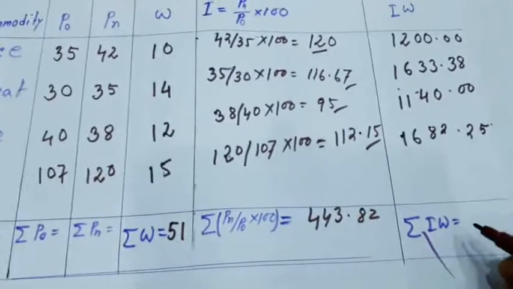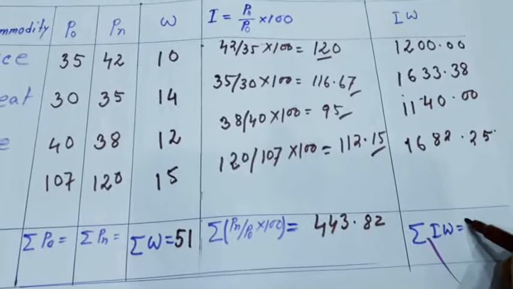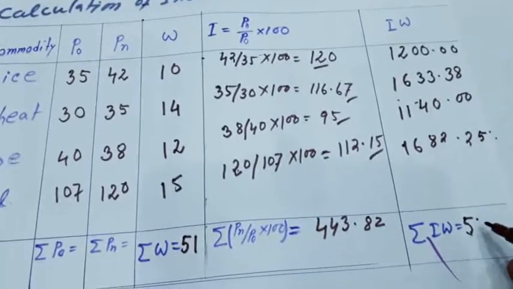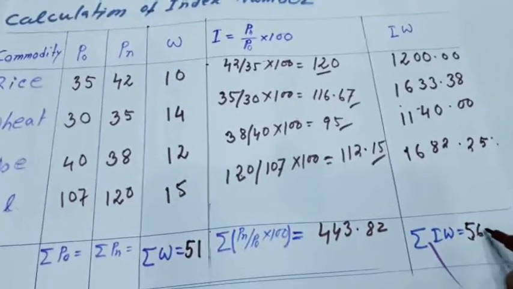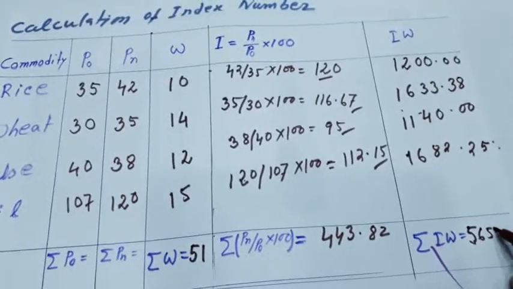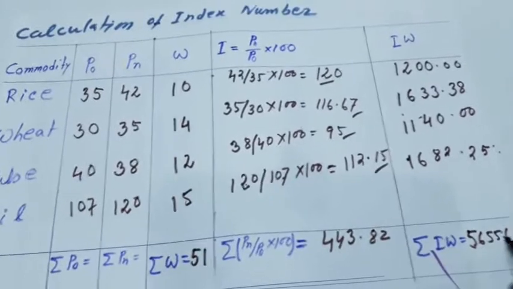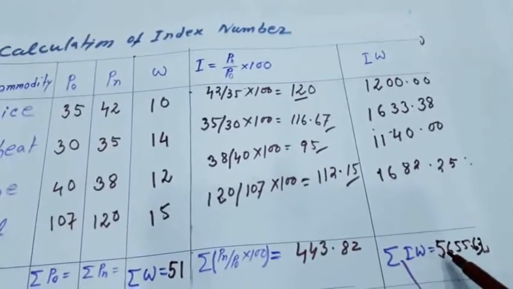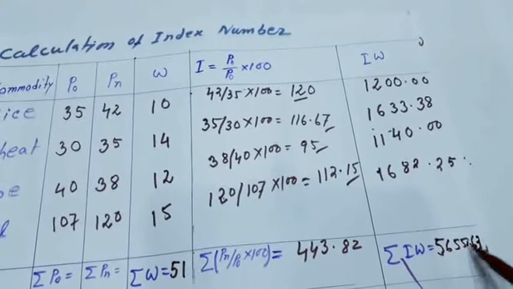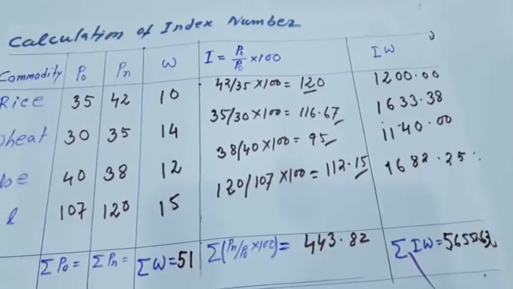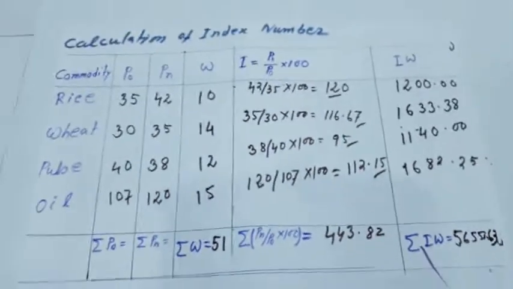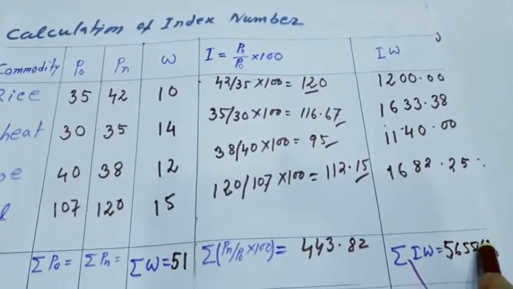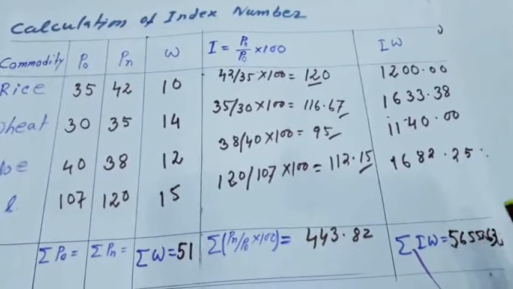If we add up, you will get 5655.63. Okay. 5655.63.